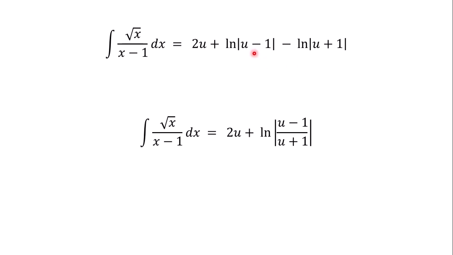Assume that this one is A and then this one is B. So when you are rewriting, you just write your A there, which is this one, and then this one is B. So it's just going to give us ln, don't forget your absolute value, u minus 1 divided by u plus 1. Okay, we are done, but we are not done.